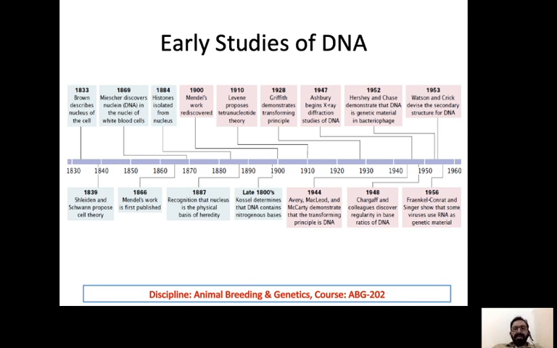Then Frankel, Conrad, and Singer in 1956, after 3 years of the discovery of the DNA model, proposed RNA as a genetic material. You can go through the names of these scientists and what they discovered.